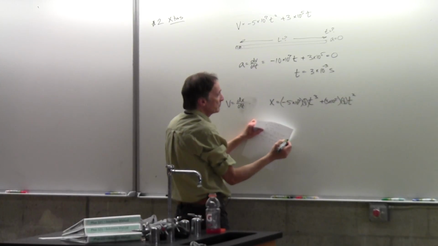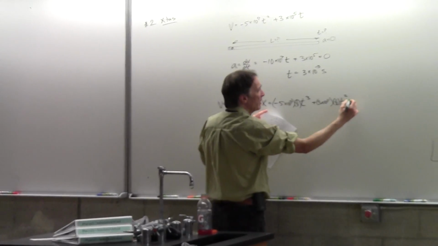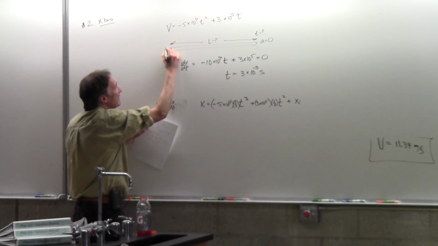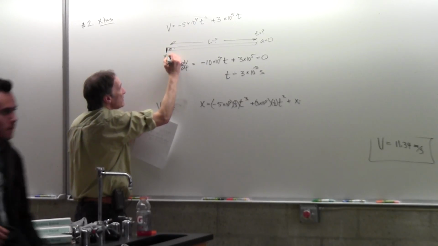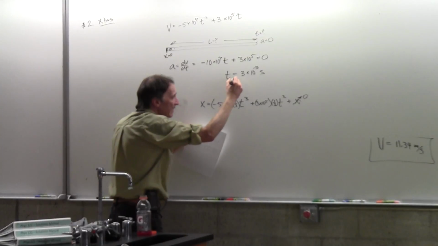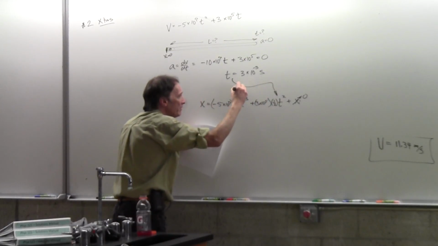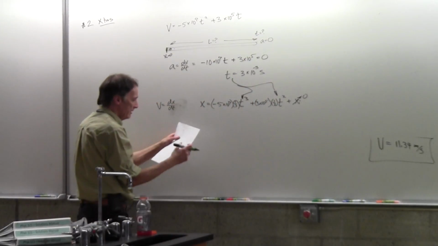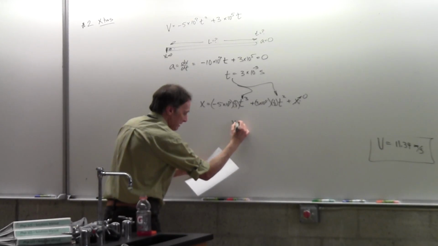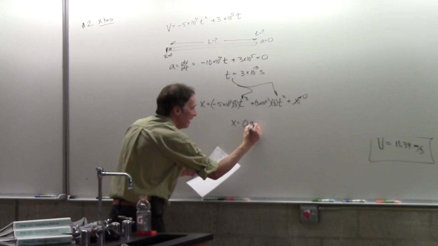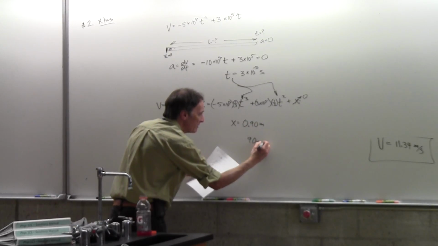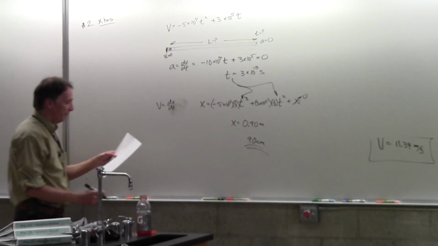And I could say, well, there's going to be a plus x initial, but we'll just make this end of the barrel x initial is equal to 0, so we don't have that. Then I can take that time and substitute it into this equation, and when I do that, I came up with x is 0.90 meters, or you could say 90 centimeters is the length of the barrel.